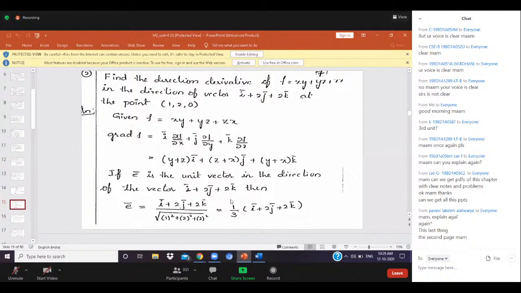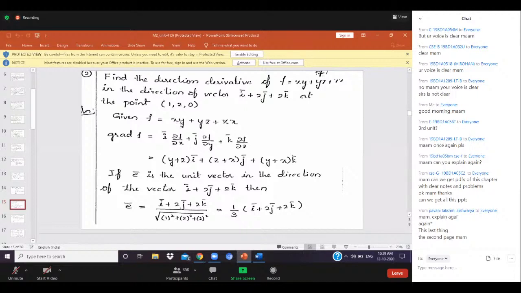So partial differentiation with respect to x we get y plus z. You know how to do the partial differentiation. First problem, I'm just explaining. With respect to x, xy gives y, since differentiation of x is 1.